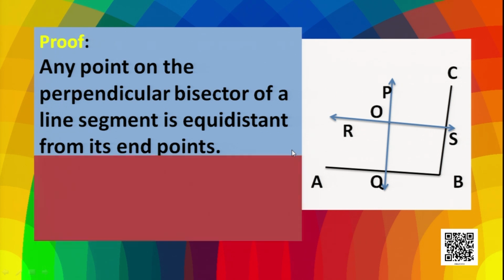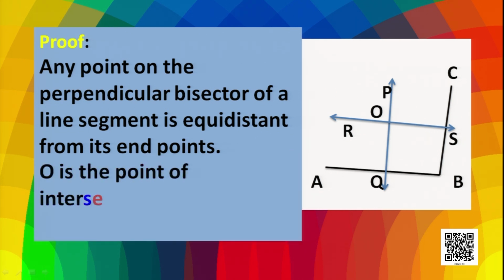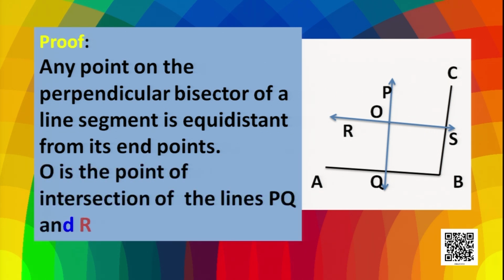Now let's see. O is the point of intersection of lines PQ and RS. As we discussed in the construction, O is the intersecting point of PQ and RS. That means O lies both on PQ and RS.